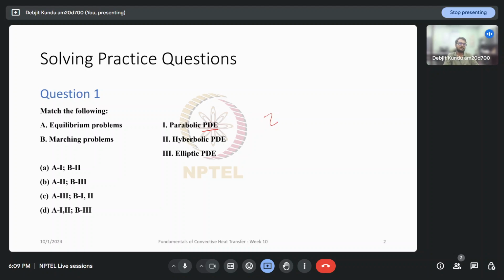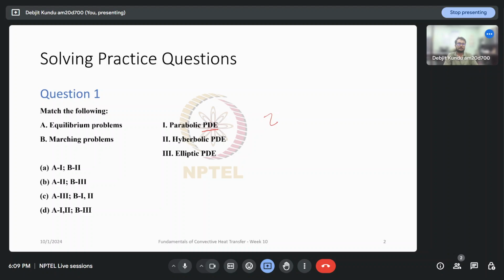They are option A, A1, B2; option B, A2, B3; option C, A3, and B1 as well as 2; or option D, A corresponding to both 1 and 2, and B corresponding to 3, where A is equilibrium problems, B is marching problems, and 1, 2, and 3 refer to parabolic, hyperbolic, and elliptic PDEs, respectively.